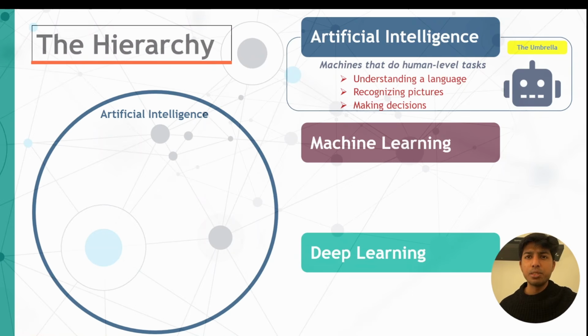Now, if I tell you, in the early days of computer science, every machine that did something a human can do, any rule-based system that follows some rules and does something, they considered it AI. So today we usually call them rule-based AI, or I would refer to them as simple AI, to separate them from machine learning. Now, what's the difference? Let me give you an example of a spam filter.